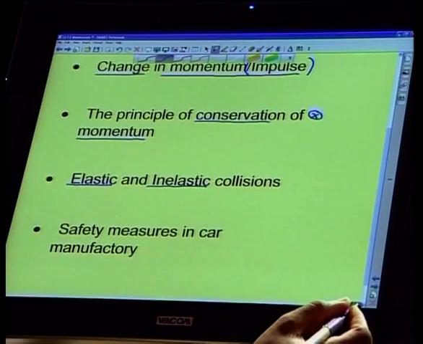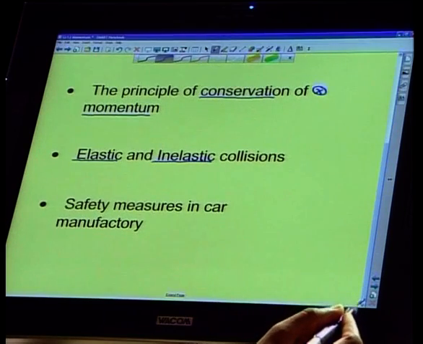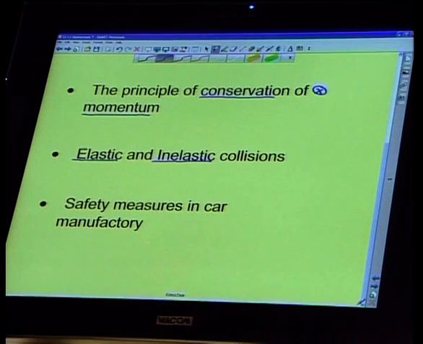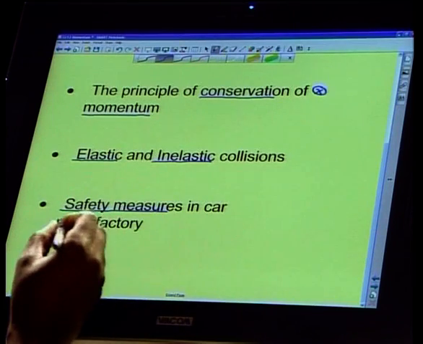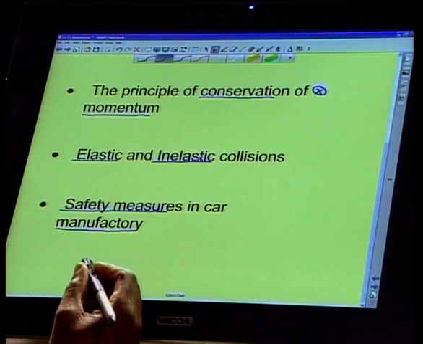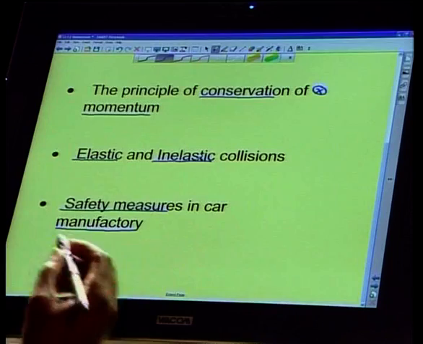And lastly, we will be talking about LO3 in physical sciences, learning outcome 3, where we talk about the relationship between science and our daily lives. Here we'll be talking about safety measures in car manufacturing as related to the whole concept of momentum.